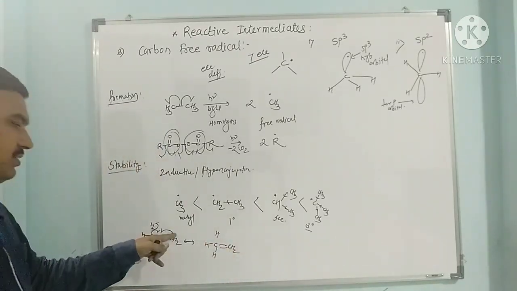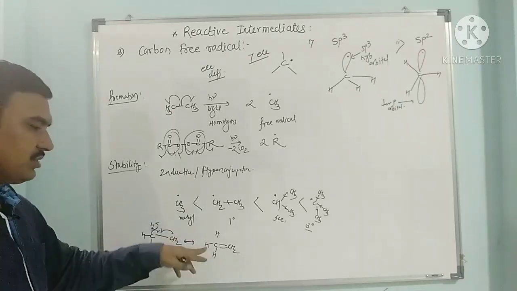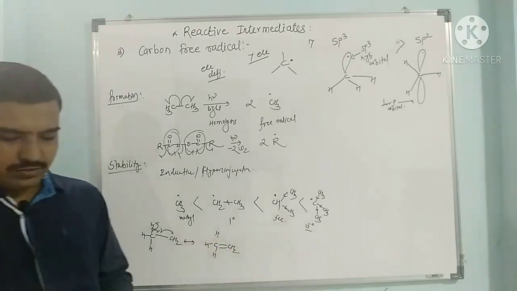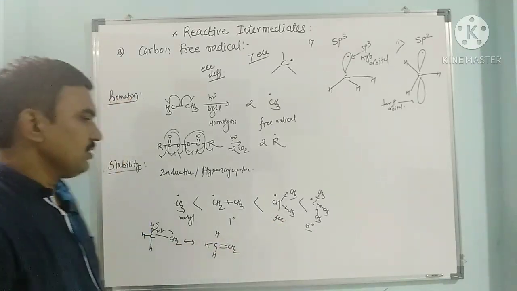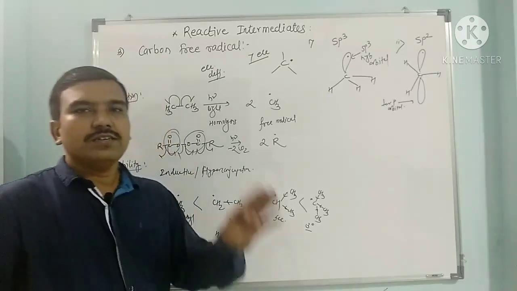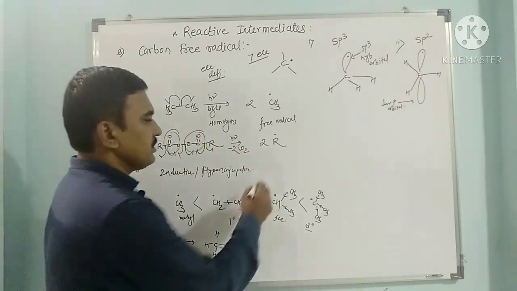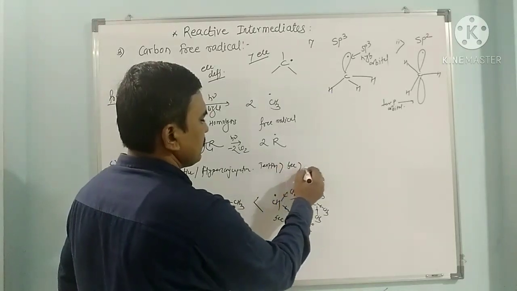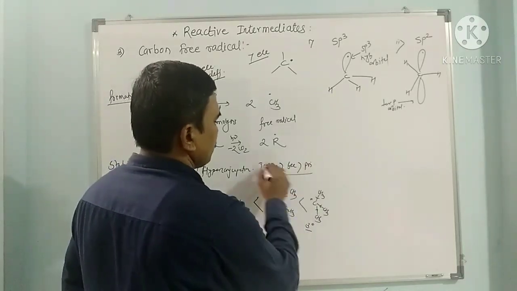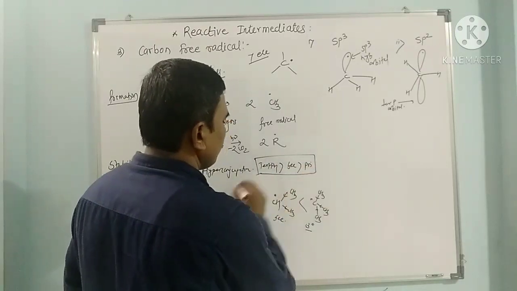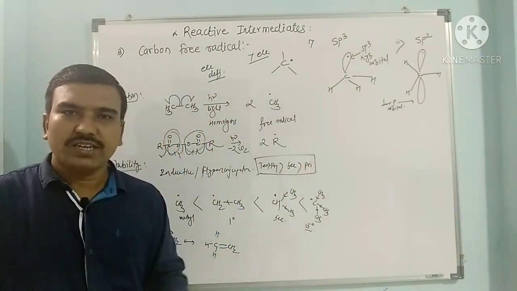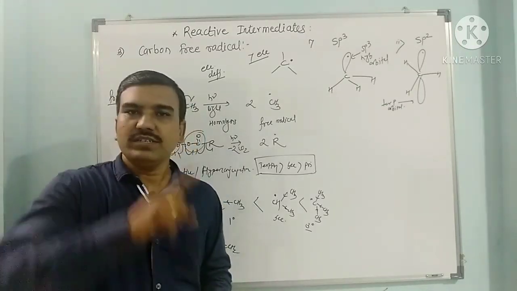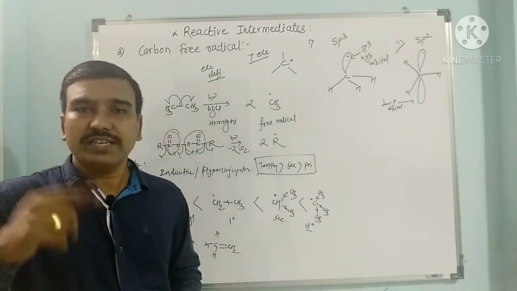So this hydrogen can be shifted, and in this way it can be converted into a number of hyperconjugation structures. On the basis of hyperconjugation and inductive effect, tertiary is more stable than secondary, and secondary more stable than primary. This is the same trend we discussed for carbocation. The stability trend of carbocation and carbon free radical is the same, but different for carbanion.